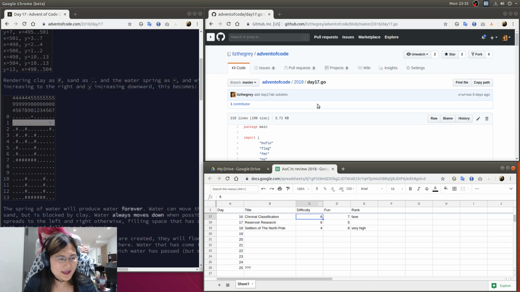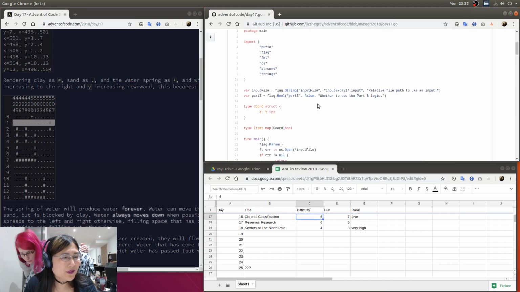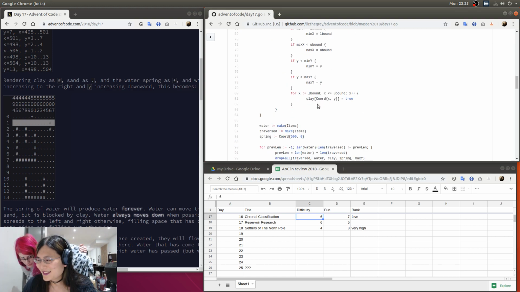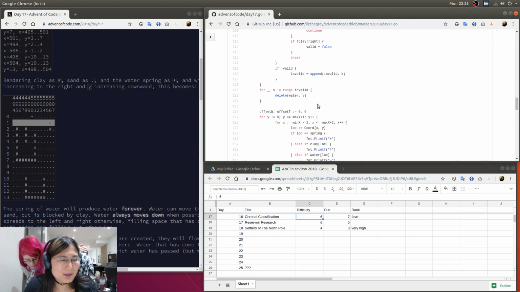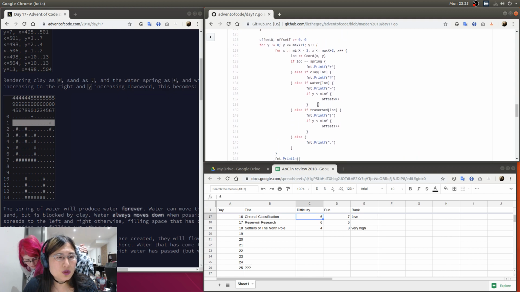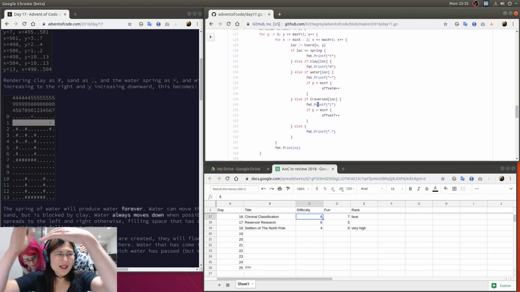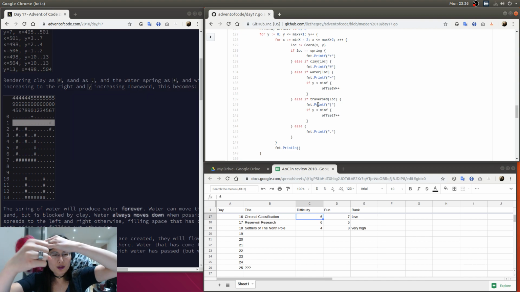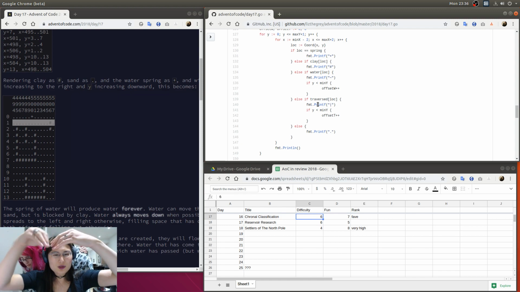The other interesting thing here was that it required a fair bit of backtracking. It specifically required having the ability to record and check, hey, if I'm about to add a tile of water, where do I put it? Do I put it to the side? Do I put it up? Do I let it trickle down?